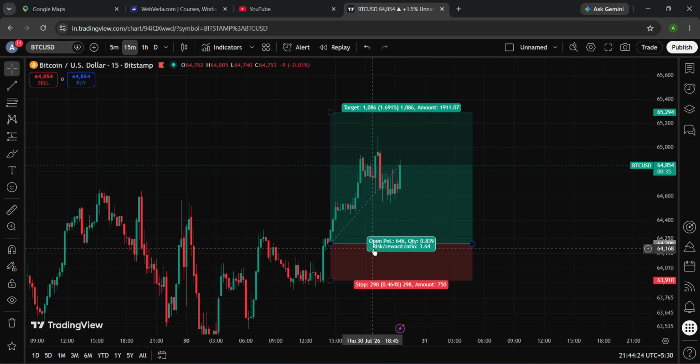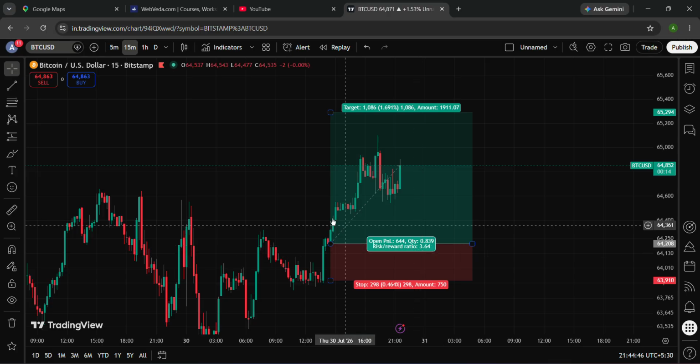There is a factor called the risk to reward ratio. That exactly means how much money I can afford to lose to earn that kind of money.